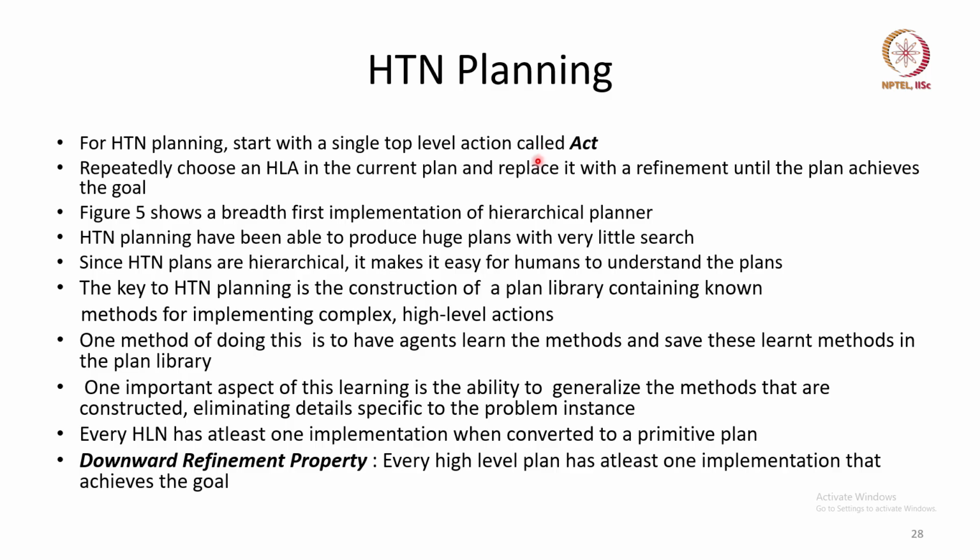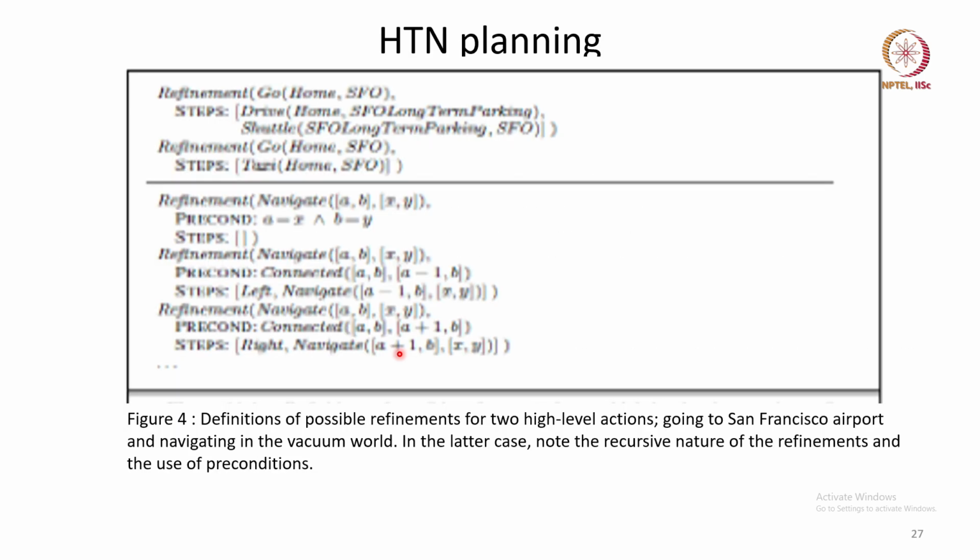Once you replace it by its refinement and you keep doing this all the time, till you find that you have a plan which consists of the low level actions, then you have reached the end of your planning problem.